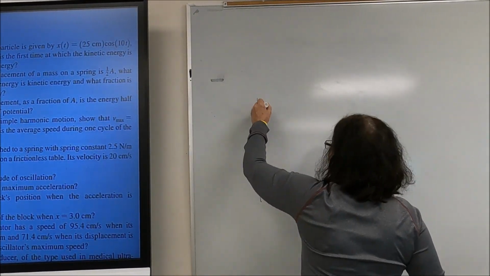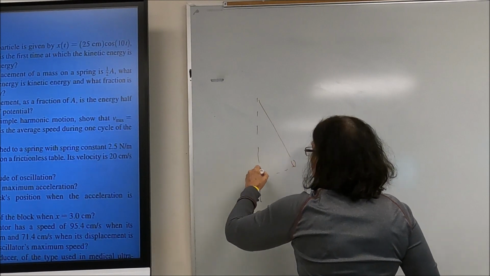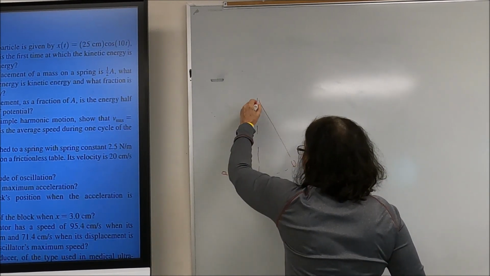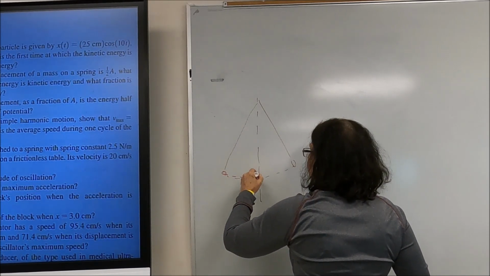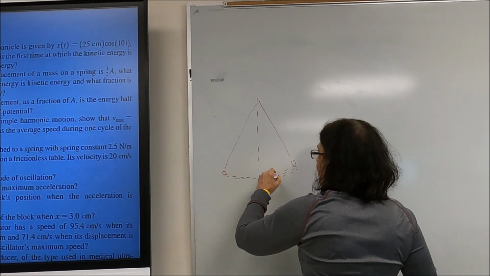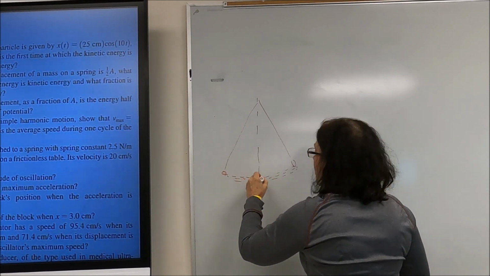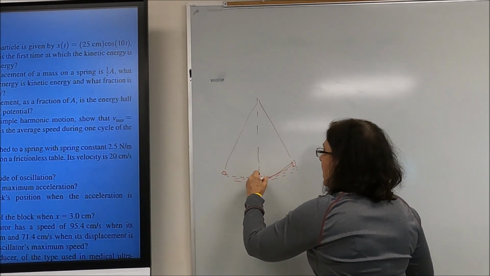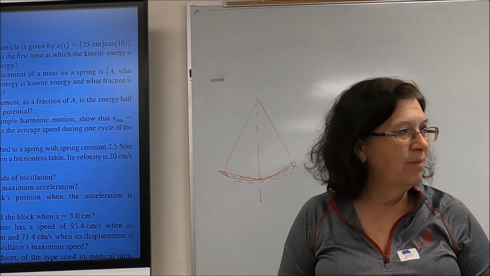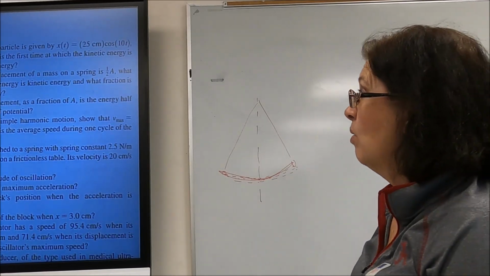So here's our equilibrium position. The ball comes through, it ticks here. It goes to here, and it comes back, and it ticks here. Goes to here, comes back, ticks here. So it ticks at half a cycle. It's not a full cycle.